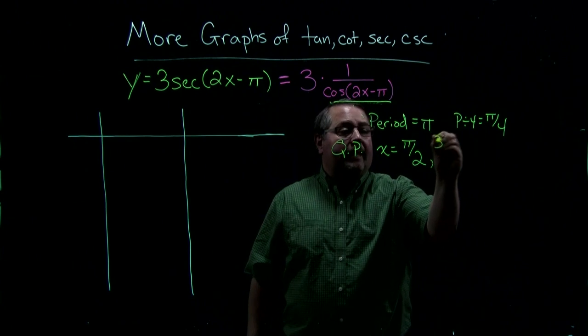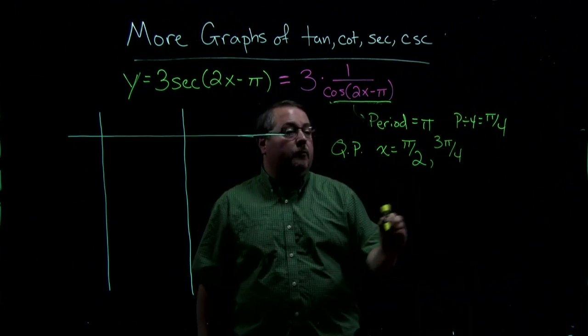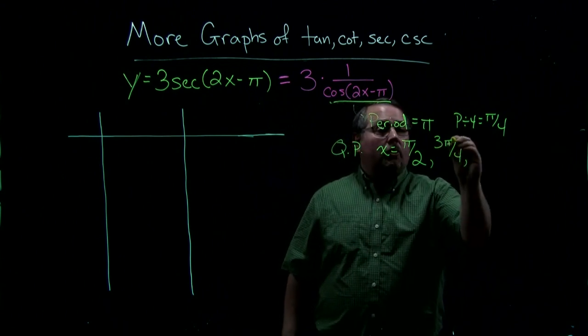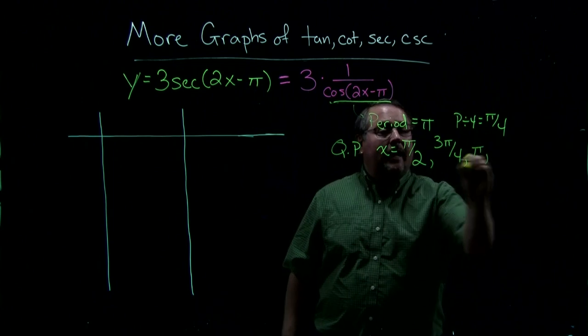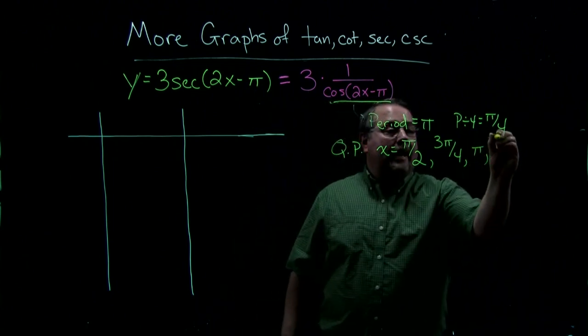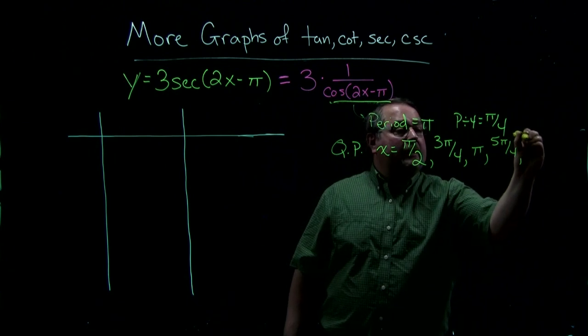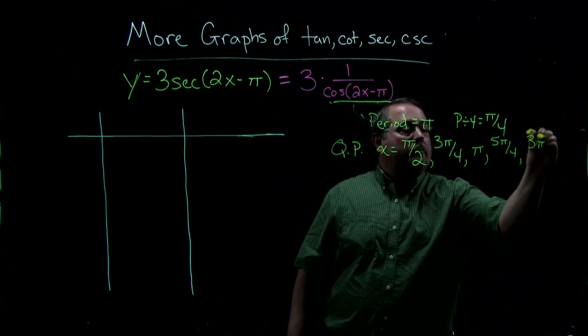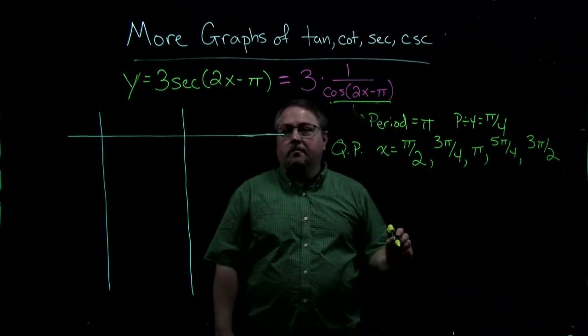So that's going to be at pi over 2 plus pi over 4, which is 3 pi over 4. The next one is going to occur after another quarter of our period, so that's going to be at x equals pi. Then we'll have one at 5 pi over 4. And then after one full period, pi over 2 plus pi is 3 pi over 2.